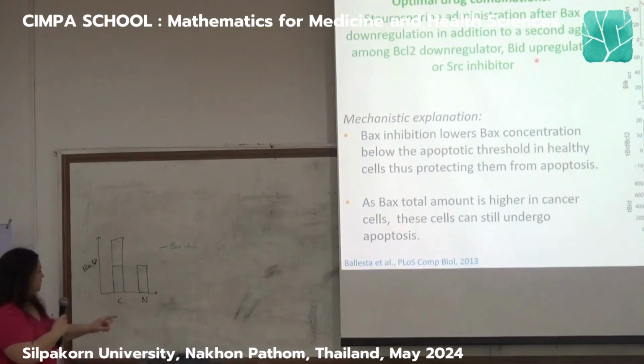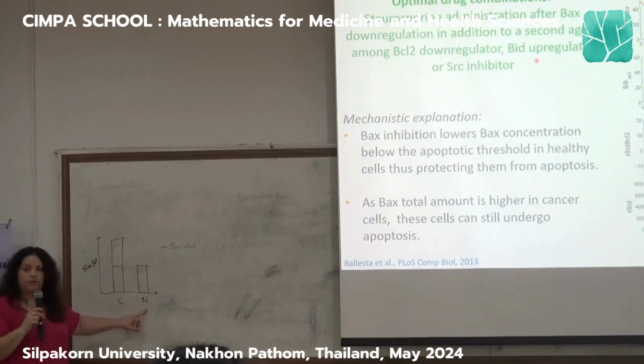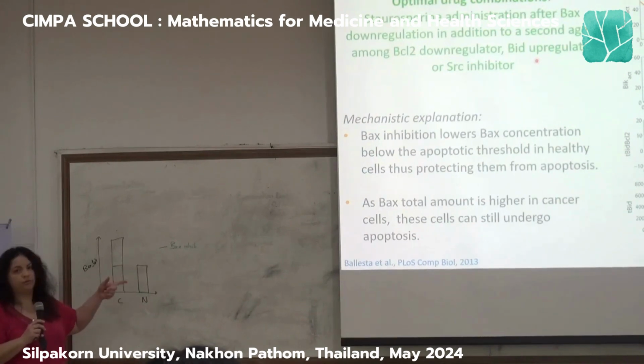Now, the normal cells do not have BAX anymore. And what do you think will happen if we don't have BAX? Can the cells still die? No. As you can see, if you go into your model and put BAX total equals 0, you will never be able to have a BAX oligomer that will go through all those switches.